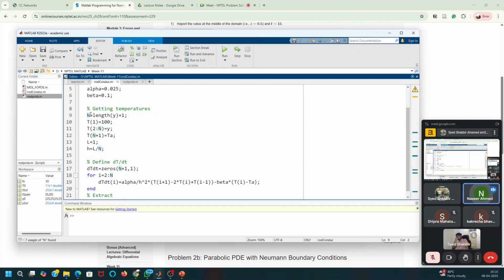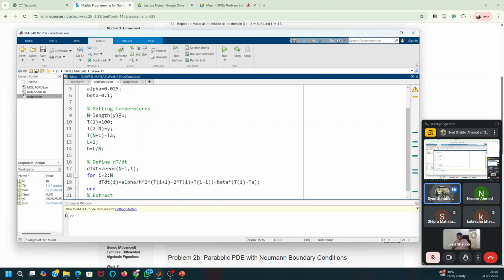So if I say from 2 to n, I want to talk regarding the number of intervals, and we are writing plus 1. So this plus 1 is neither including the node point at 1 nor the node at n plus 1. Am I right?